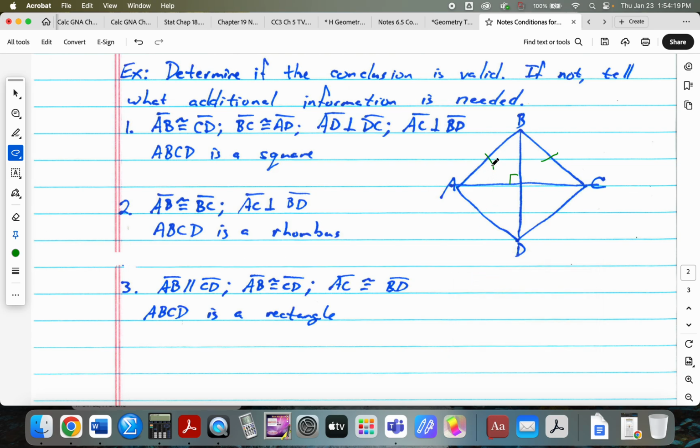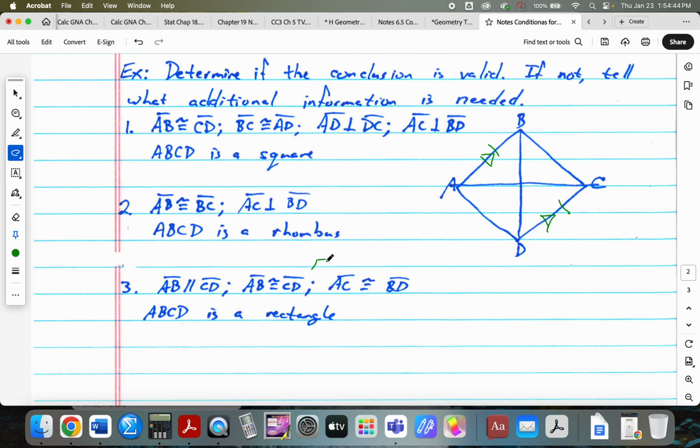All right, let's look at this last one in this section. If AB is parallel to CD, let's stop there. Do I know for sure it's a parallelogram yet? No, that's not enough. AB is congruent to CD. Do I know it's a parallelogram now? Yes, I've got two sides that are parallel and congruent.